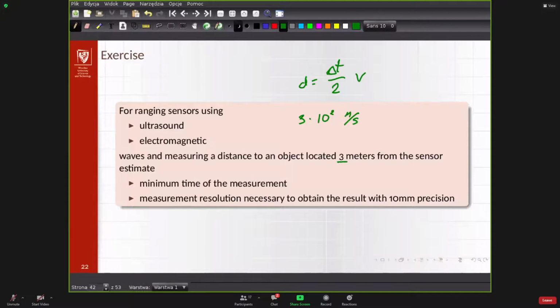So what will be the minimum time of the measurements? So how much time will it take to measure the distance to the object, for the ultrasound sensor?